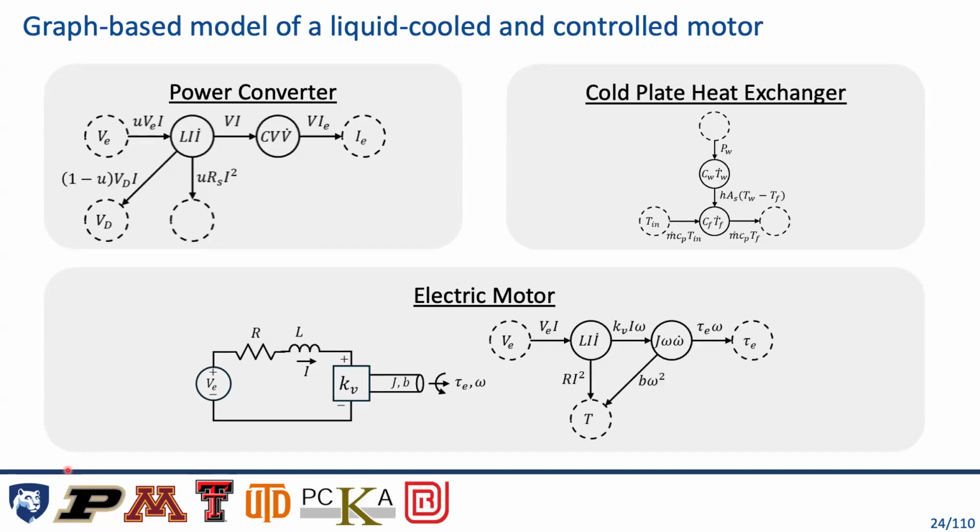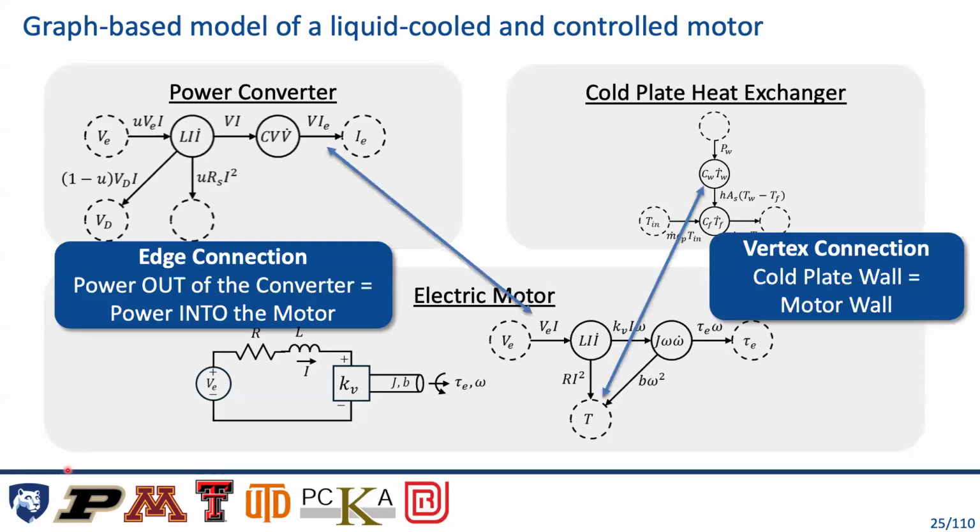Well, if you wanted to build this in reality, what would you do? You'd probably start by connecting the motor to its motor controller, and you'd just solder the leads of one to the leads of the other. That is effectively, in this framework, an edge connection, like I showed over here on the right. The power that leaves that power converter is identical to the amount of power that enters the electrical motor. That's an edge connection: power into one is power out of the other.